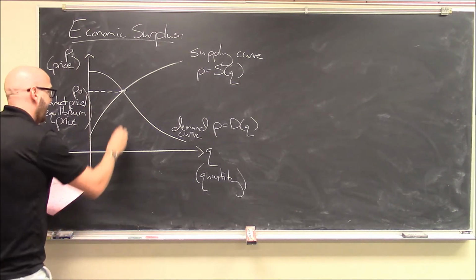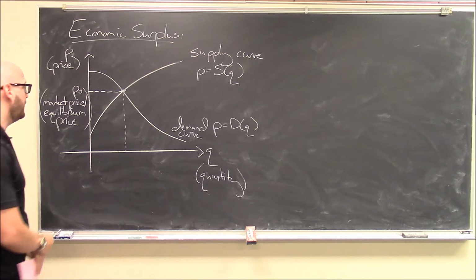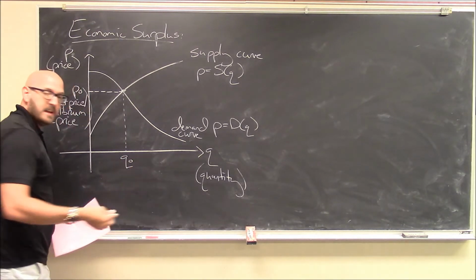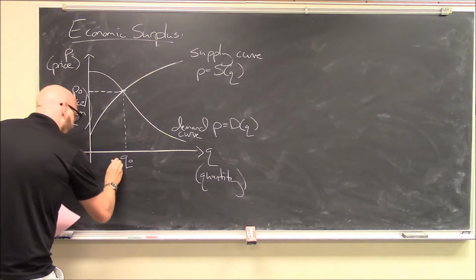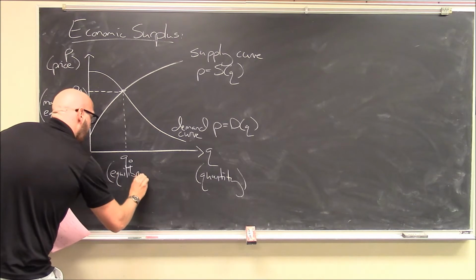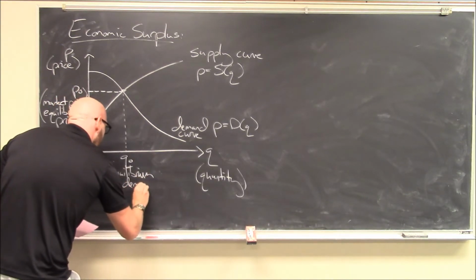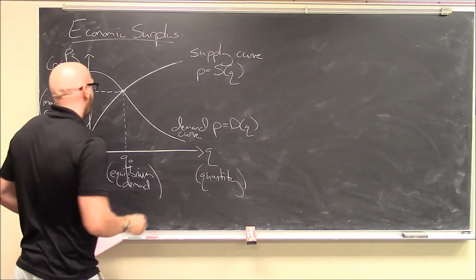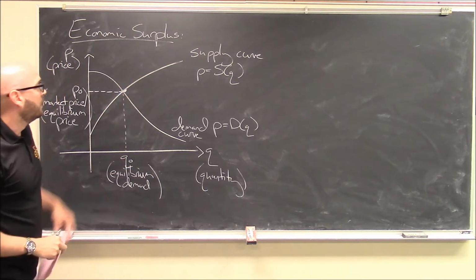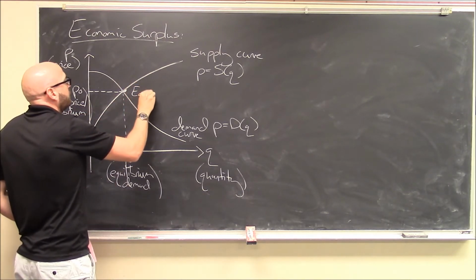Okay, and the point where it happens down here, in terms of quantity, this will be Q naught, and this is our equilibrium demand. And by the way, this point right here where we actually have equilibrium with supply equaling demand, I'll just label that as equilibrium.